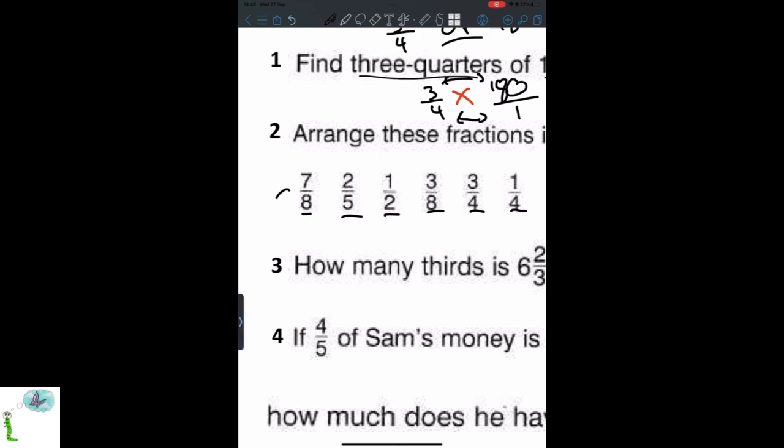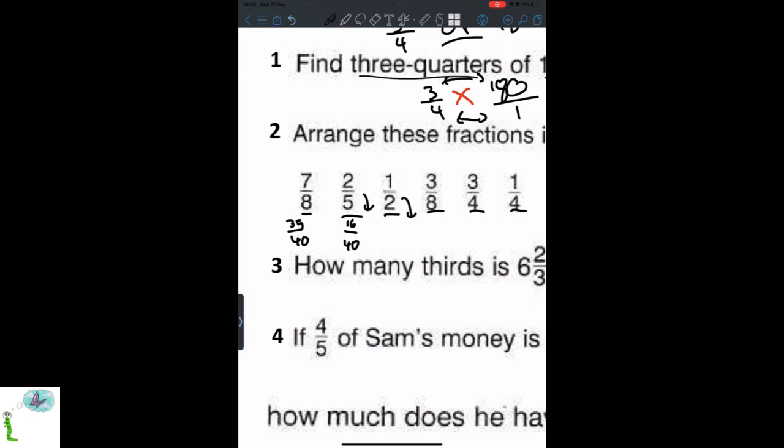So to get from 7/8 to 40, to have 40 at the bottom, times by 5, times by 5, it's going to be 35. That's our first fraction. What about this one? You times the bottom by 8. You times the top by 8, 16.